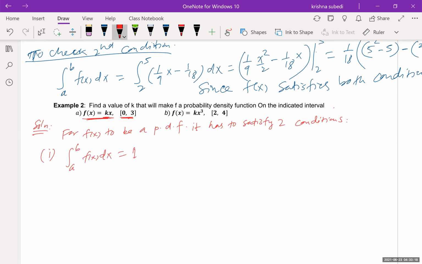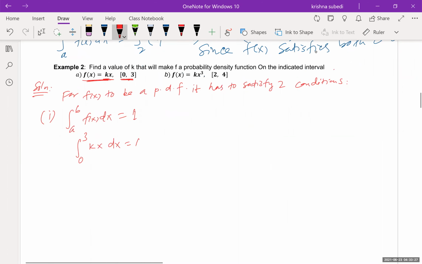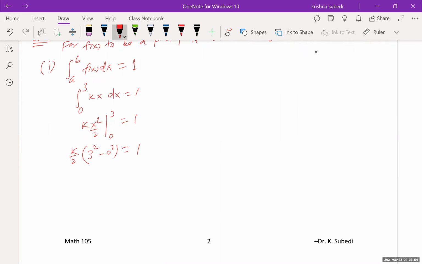That means the integral from 0 to 3 of kx dx equals 1, which means if you evaluate the integral, you get kx squared over 2 from 0 to 3 equals 1. So that's k over 2 times 3 squared minus 0 squared equals 1. If you simplify it, you get 9k over 2 equal to 1. So k equals 2 over 9.